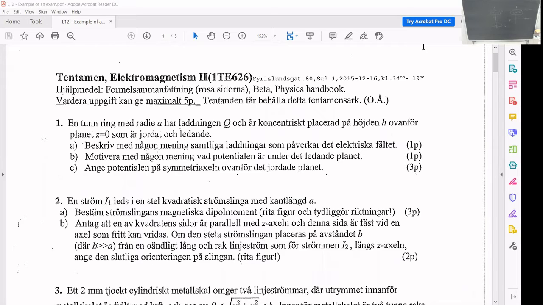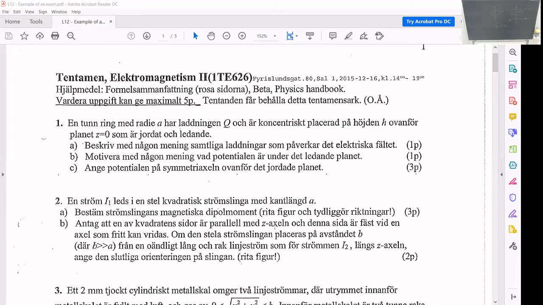And then second, motivate what the potential is under the charged plane. So under the charged plane, there is a constant potential, but the electric field is 0.